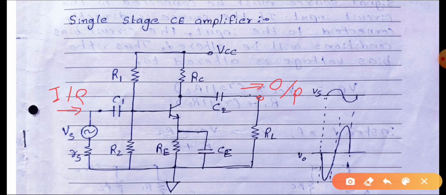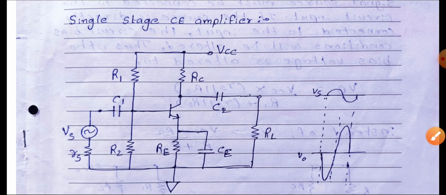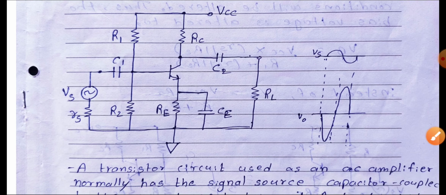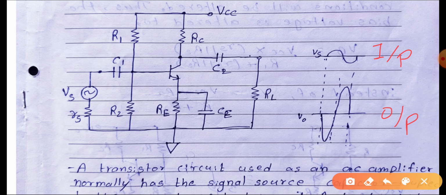So this Vs is your input signal and this Vo is output. So you can see here, this is input and this is output. So Vs is your input, Vo is your output.